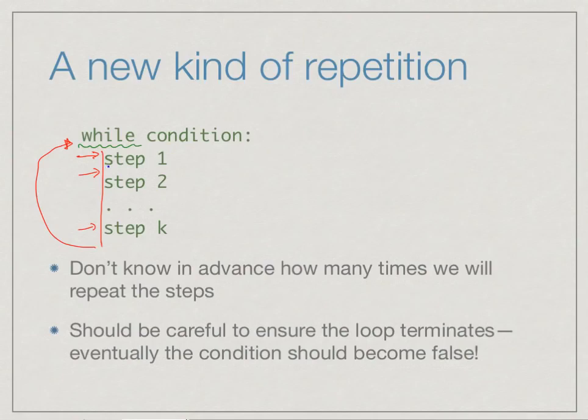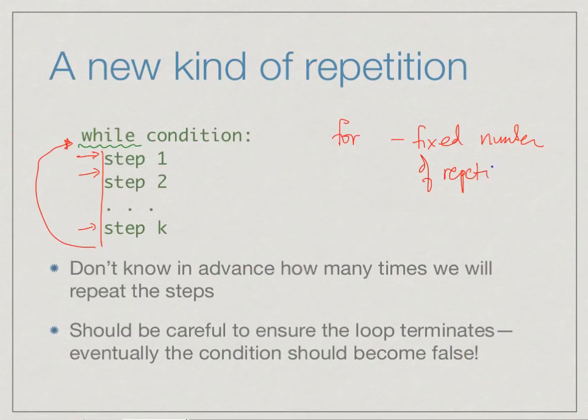So while is useful when we don't know in advance how many times we will repeat the steps. When we were scanning for the list of factors, we knew that we would start with 1 and go up to the minimum of m and n. So we could predict in advance that we would do precisely that many steps, and so we could use this for loop. So for loop has a fixed number of repetitions.